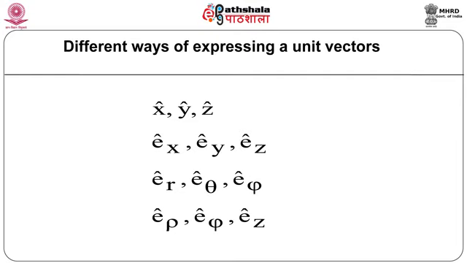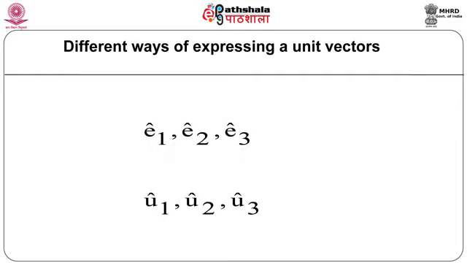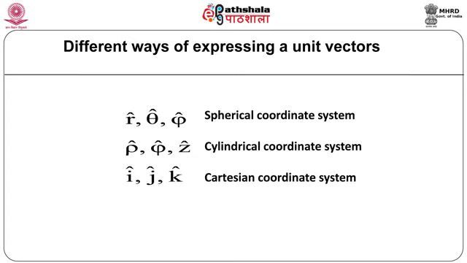Let us have a look at it. For the present discussion, let us adopt the symbols for unit vectors in different coordinate systems as shown. Let us see how the unit vectors along the corresponding coordinate axes in different coordinate systems are represented diagrammatically.